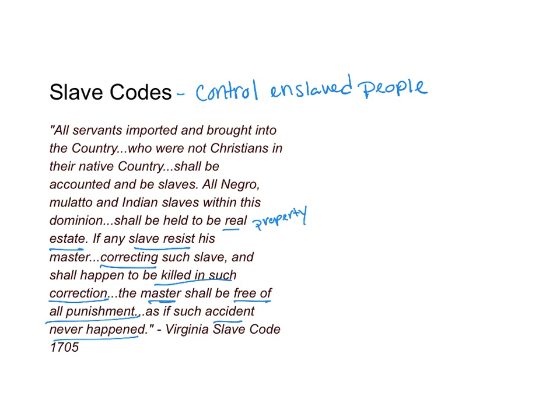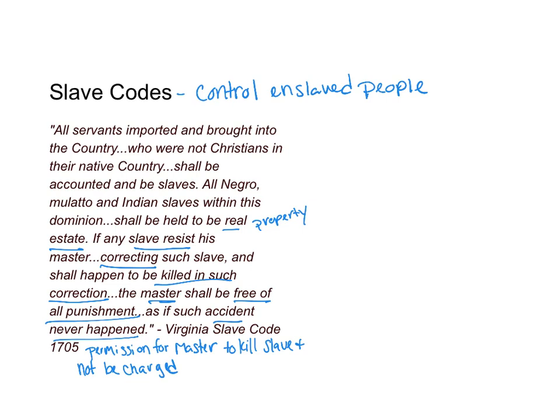So this is giving permission for a master to kill their slave and not be found guilty of murder. So again, this really is set up so that the masters have complete control over the enslaved individuals.